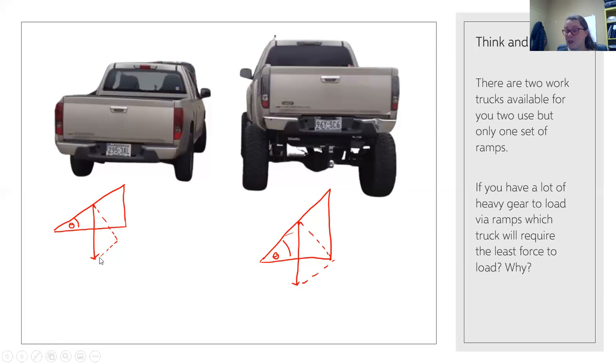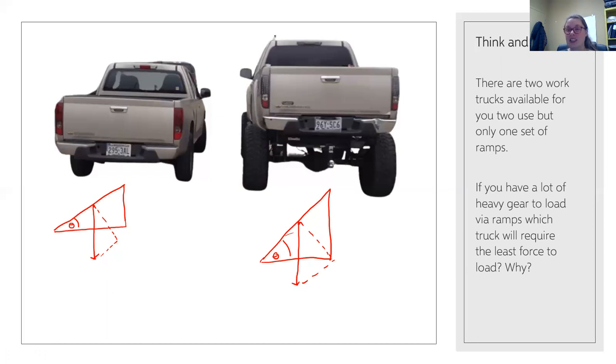Now, assuming you have a relatively smooth ramp, the friction would be minimal probably compared to the force due to gravity. Okay? So the lower truck is going to mean we have less force that we have to overcome.